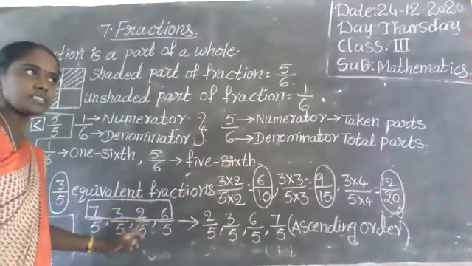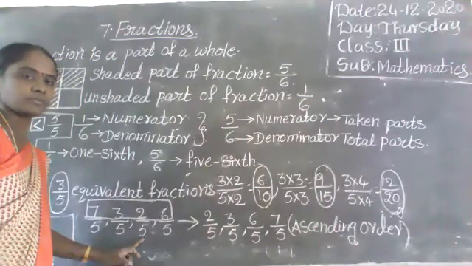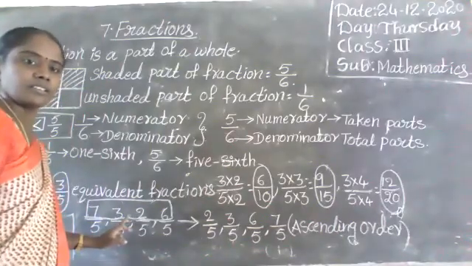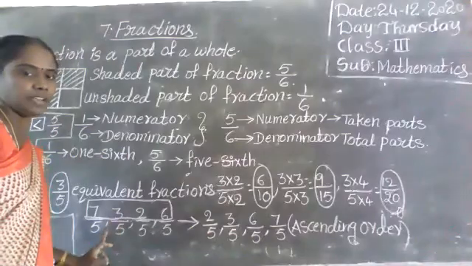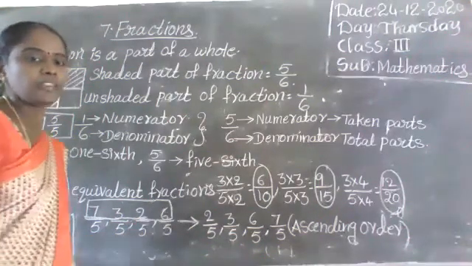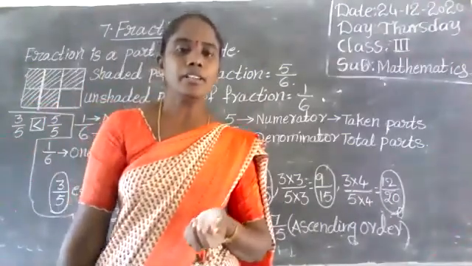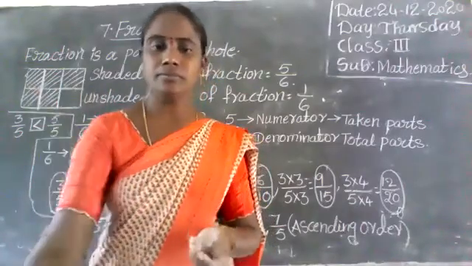Yes, next fraction is 6 by 5. Next, 3 by 5. Next one, 2 by 5. This is the descending order. Did you understand? Understood, teacher. Okay, next.